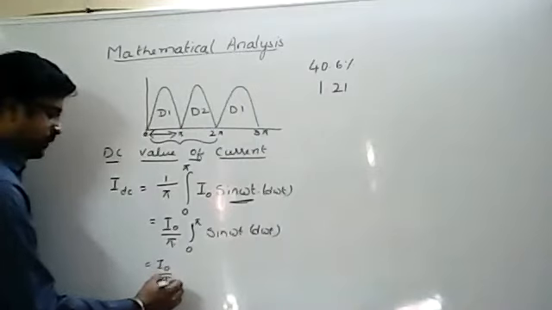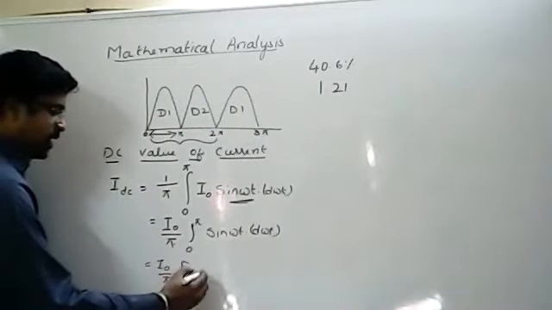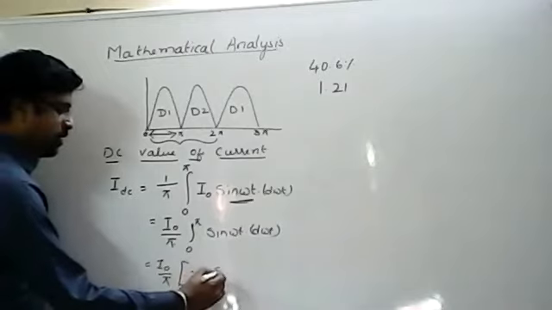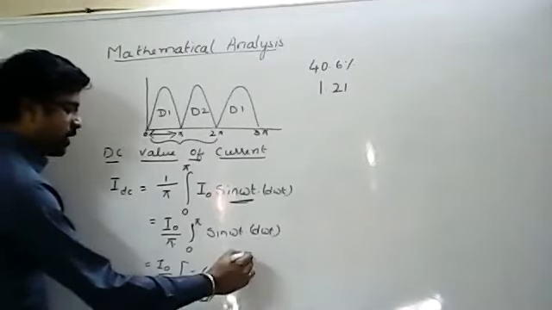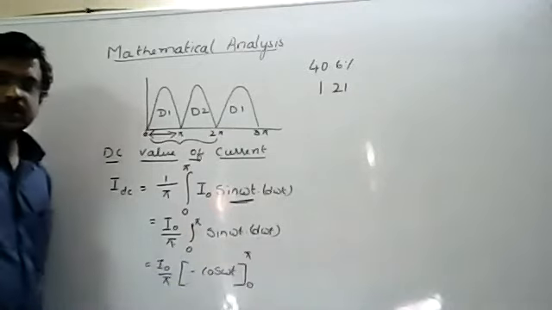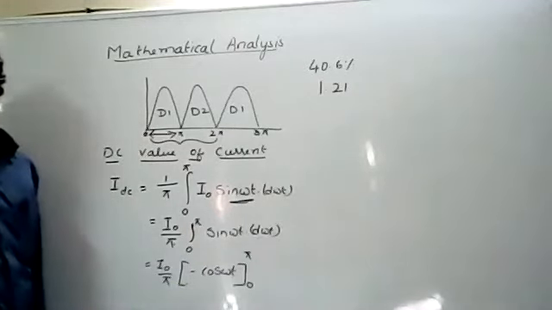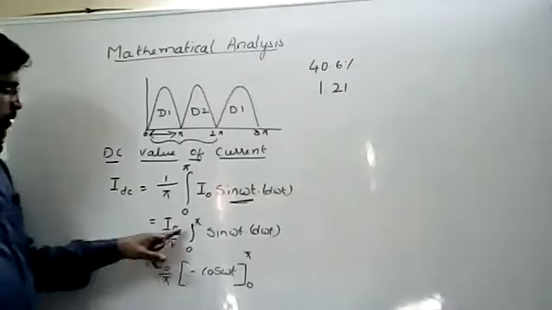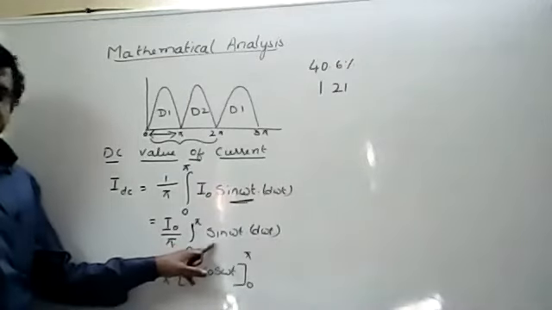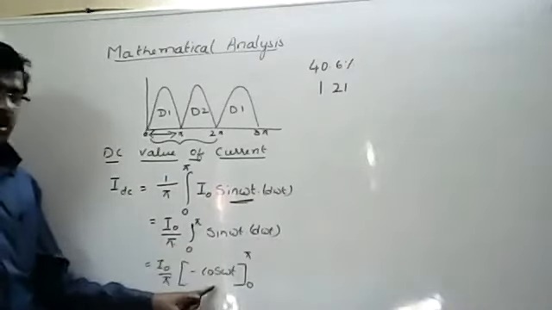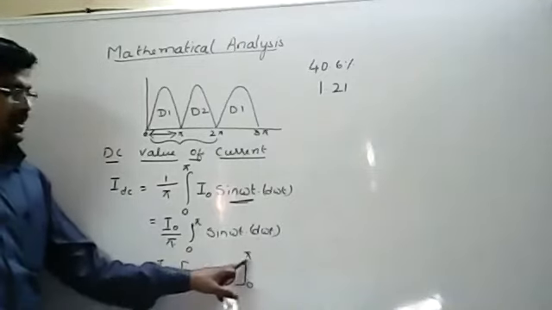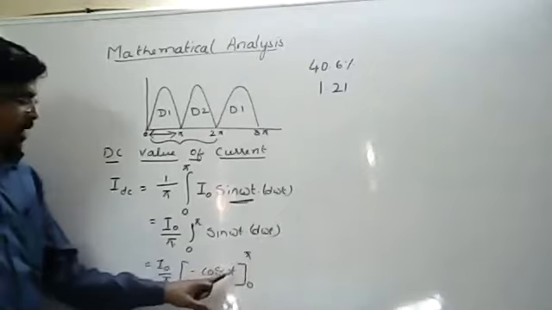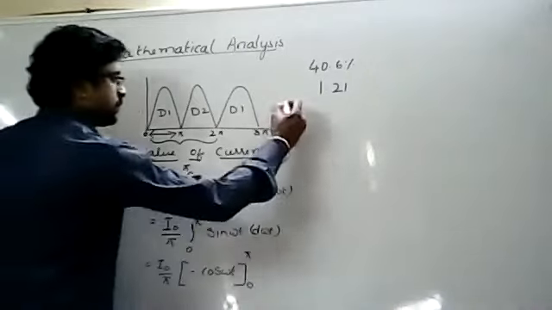I naught by pi, now integrating, the sine integral gives minus cos omega t within the limits of pi and 0. Now apply the limits.